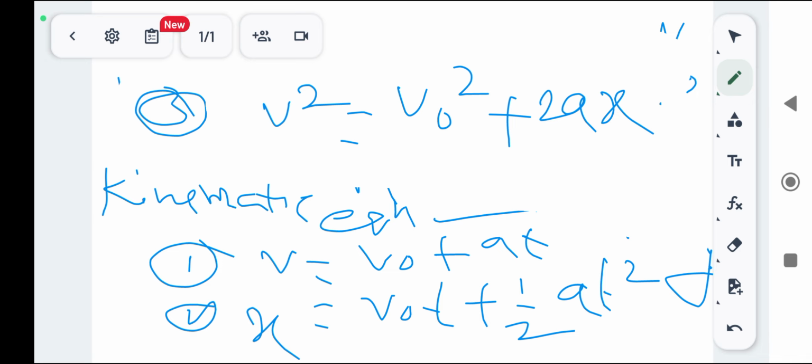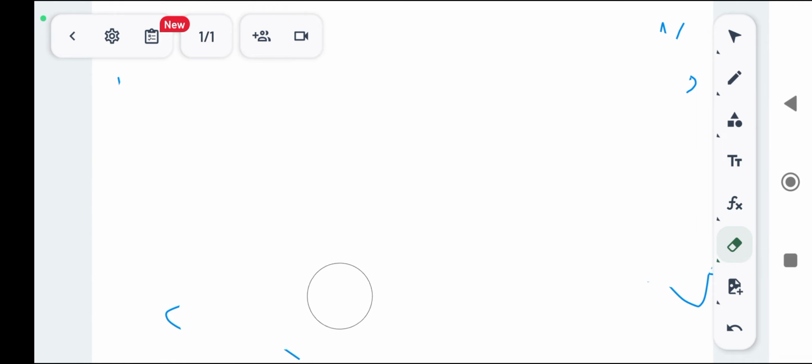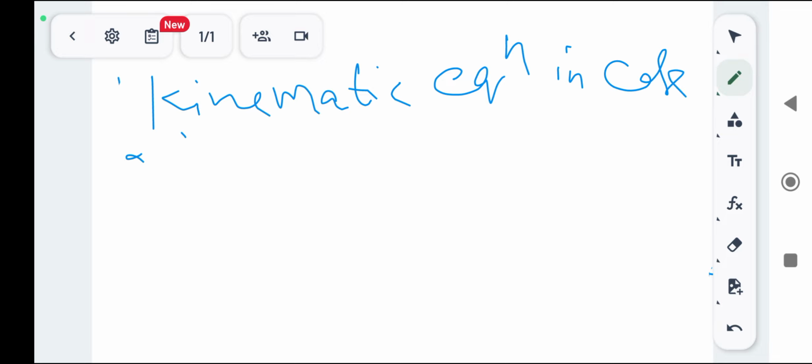Now the fall under gravity and the kinematic equation in case of fall under gravity. Now the new topic is the kinematic equation in case of fall under gravity.